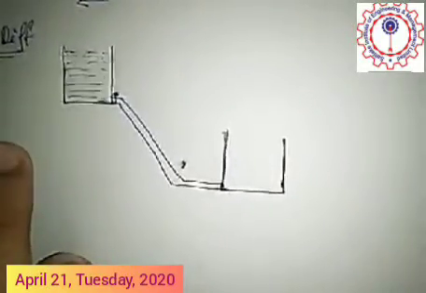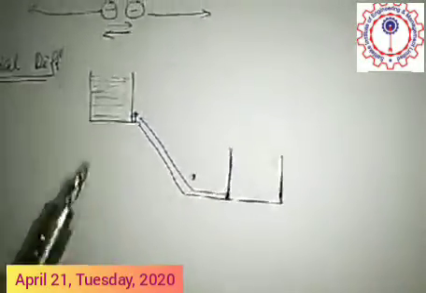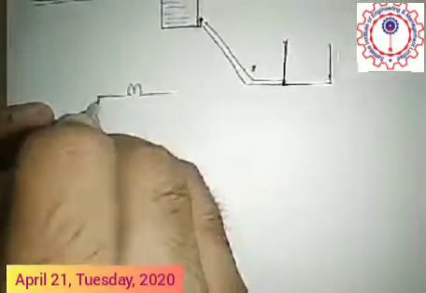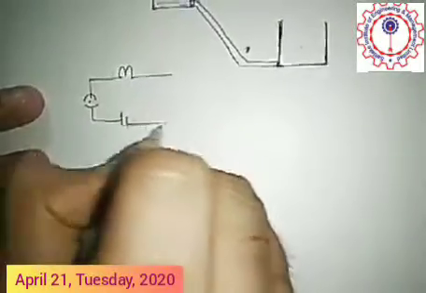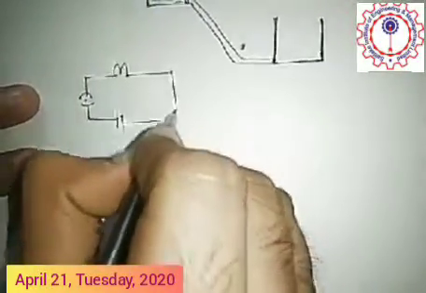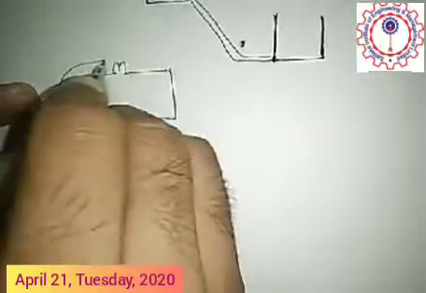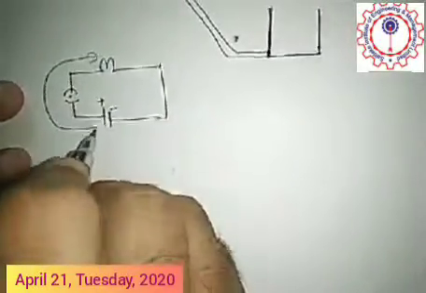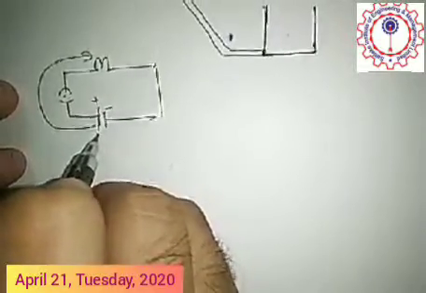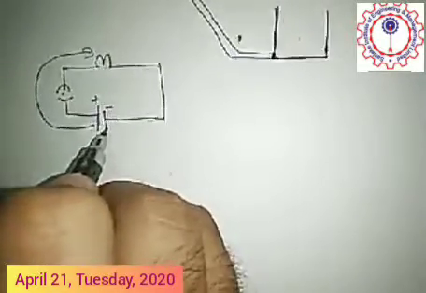So current can flow. This is the circuit, and current similarly can flow from positive to negative. Here, this is the positive terminal, this is the negative terminal. Positive means higher potential and negative means lower potential.